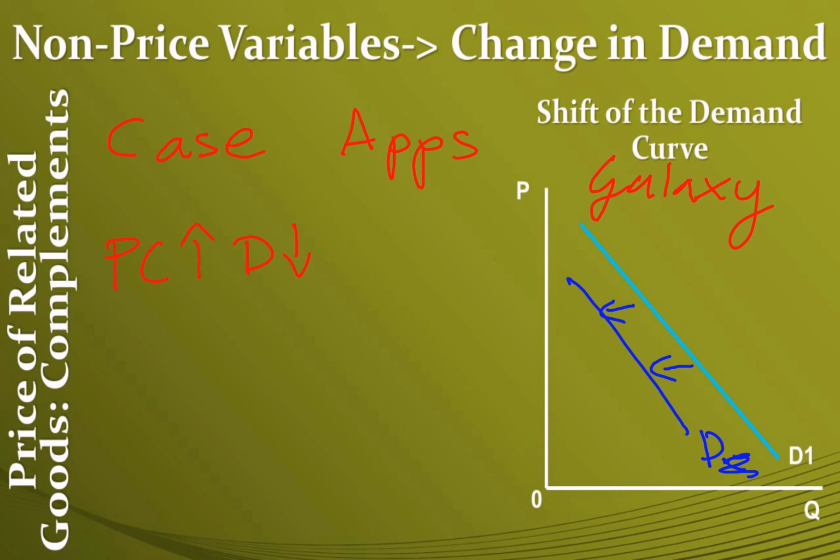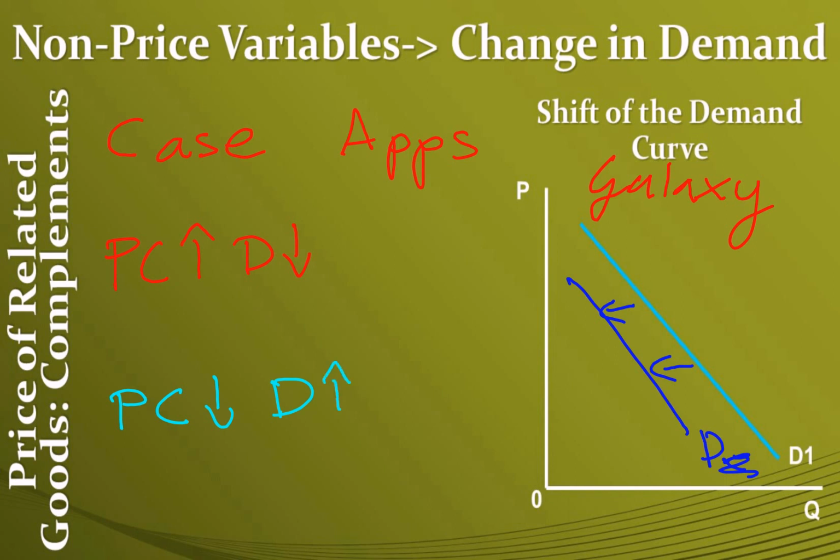In a different case, let's imagine that Samsung makes a campaign. When you buy the Galaxy, you will get 3 cases, or you will get cases at half the price if you buy it in a certain store. Then, if the price of the complement goes down, demand for the product will go up.